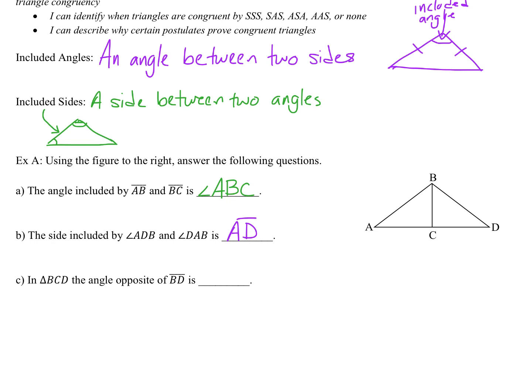All right, and then it says in triangle BCD, so we're specifically looking at this triangle over here, BCD. I want to know the angle opposite of BD. We've talked about included, now we're going for opposite. Opposite means across, right? Like I am opposite of you guys. So if I want to know the angle, specifically in this triangle, that's opposite the side BD, what do you guys think that is?